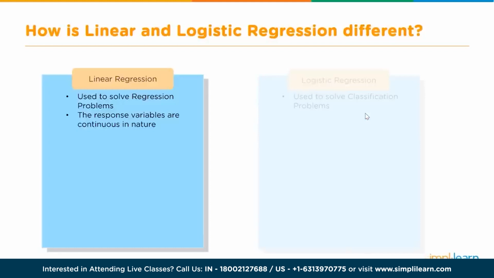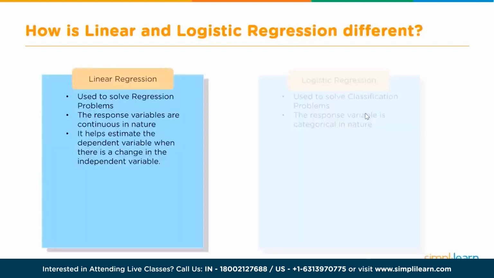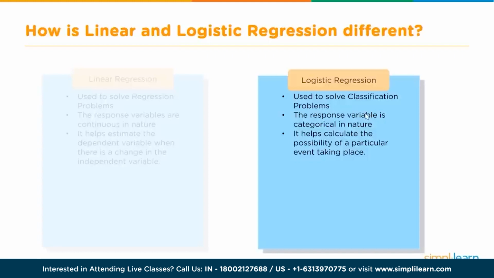The response variables in case of linear regression are continuous in nature, whereas here they are categorical or discrete in nature. And linear regression helps to estimate the dependent variable when there is a change in the independent variable, whereas logistic regression helps to calculate the probability or the possibility of a particular event happening.